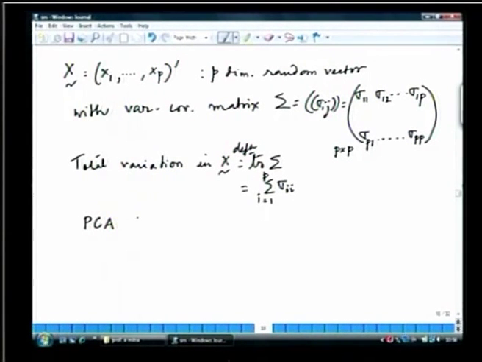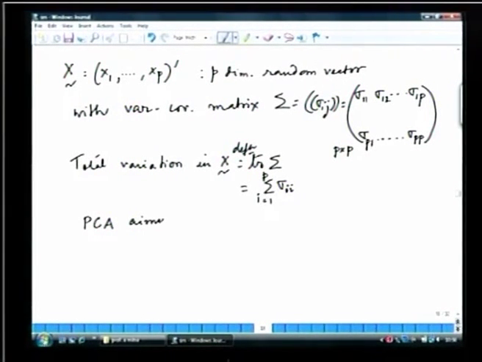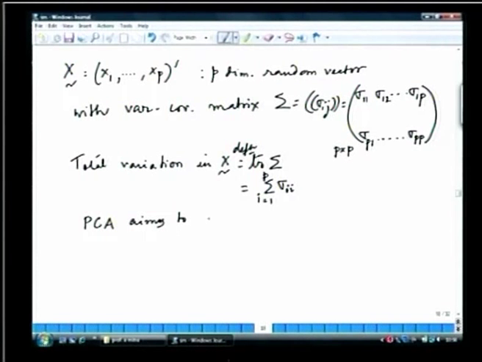PCA aims to replace this x, the whole data vector, with some y. Initially we will look into p linear combinations of the variables, so that y is also p dimensional, y1 to yp.